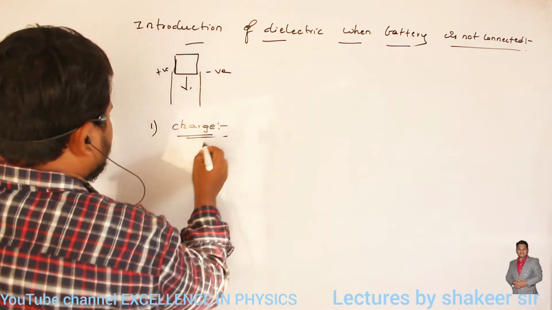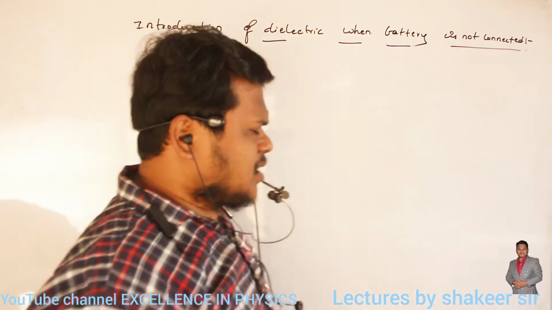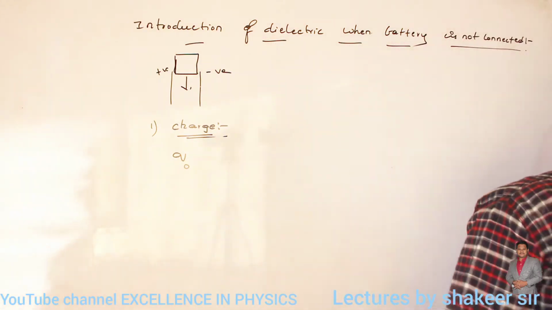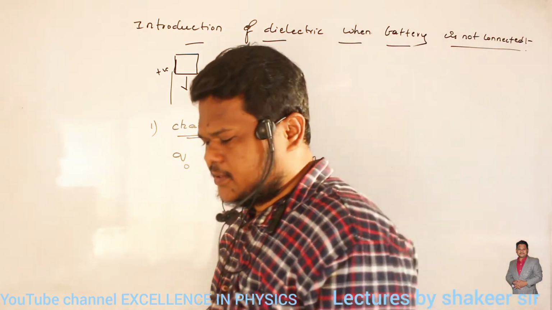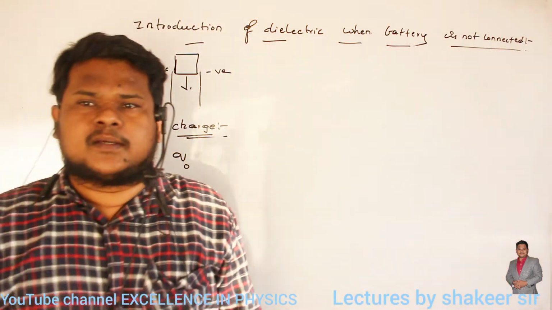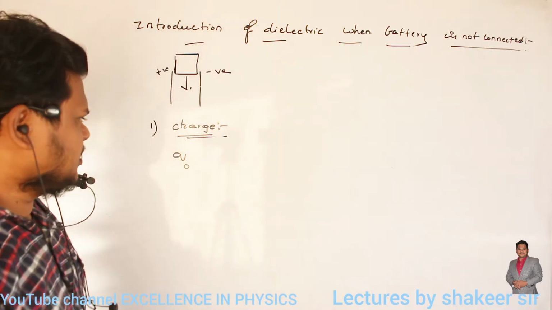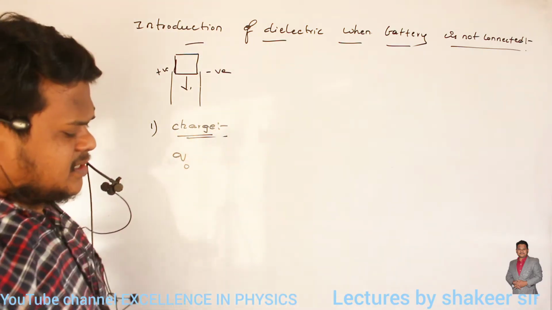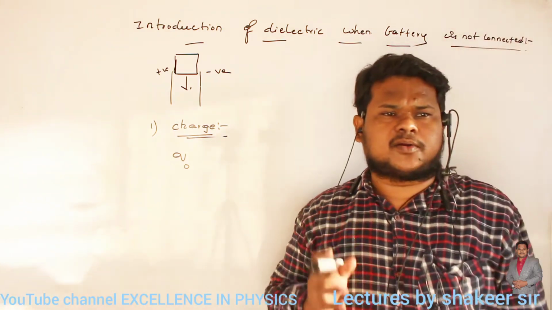Initially there was Q naught amount of charge. After introducing this dielectric, what will be the change in charge stored in this capacitor? Before introduction of the dielectric, the charge stored was Q naught. After the introduction, will it change or not?